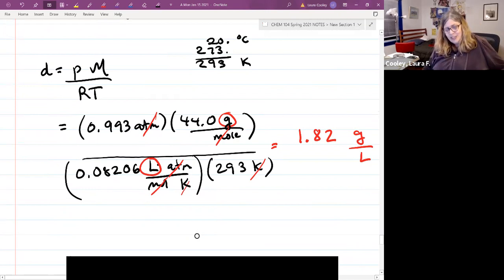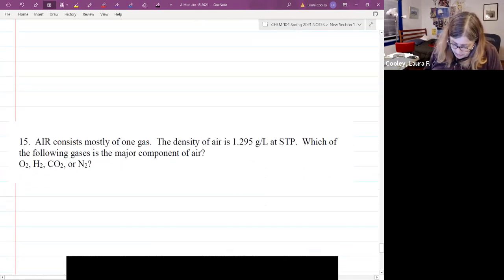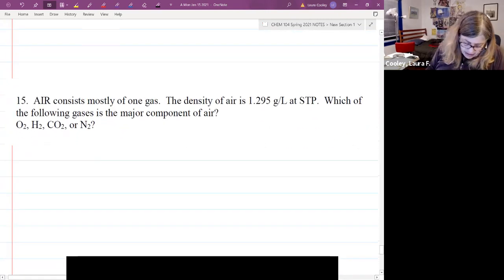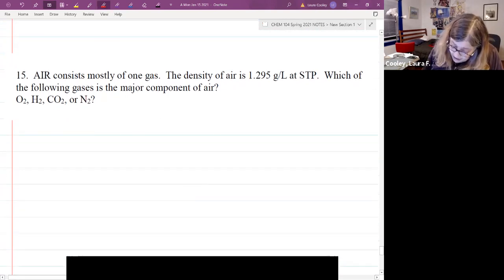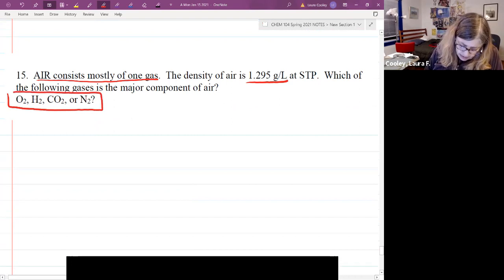And so now back to the thing I was telling you we were going to get to, which was the molar mass of air. The density of air is given in this problem, in grams per liter. And then this problem says, okay, air is mostly one gas. I think most of us know what it is. Which of the following gases is the major component of air? So how am I going to do this problem?